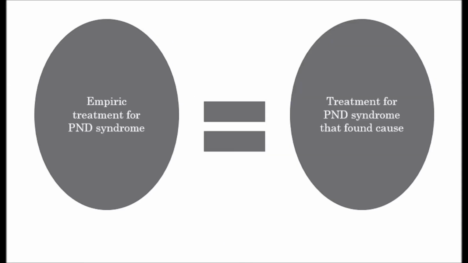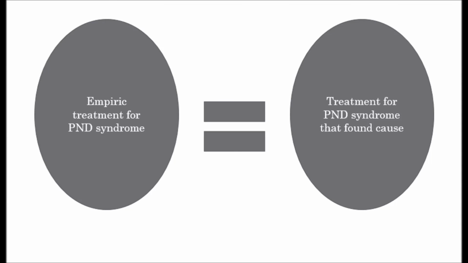There is a need for a balance between tests to find the cause of chronic cough and empirical treatment. In clinical practice, however, it is necessary to first try empirical treatment of PND syndrome, which is a common cause of chronic cough. There was no significant difference in treatment outcome between the patients who had undergone empirical treatment for PND syndrome and those who were treated after finding the cause of PND syndrome.